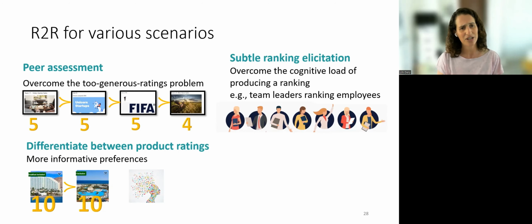And another thing is that this could be used as a subtle ranking elicitation technique to overcome the cognitive overload of producing a ranking. So, okay, this can be used for peer reviews, but this could also be used by management when they need to rank their employees, for example, at the end of the year when they need to decide who receives a bonus and how much bonus.